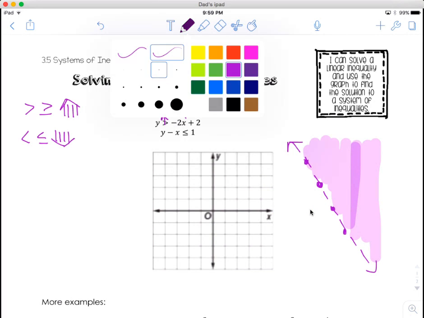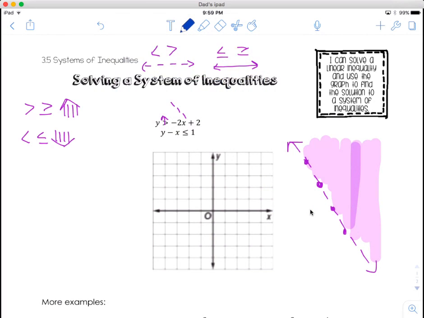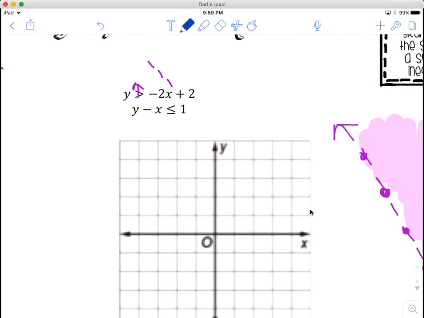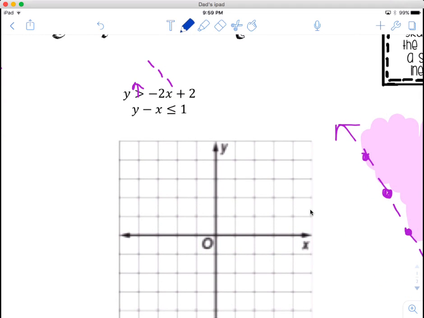Okay, so for the next equation that I have, I'm going to blow this up just a second. This one is not solved for y right here. So we're going to go ahead and we're going to add x to both sides. So we have y is less than or equal to x plus 1.